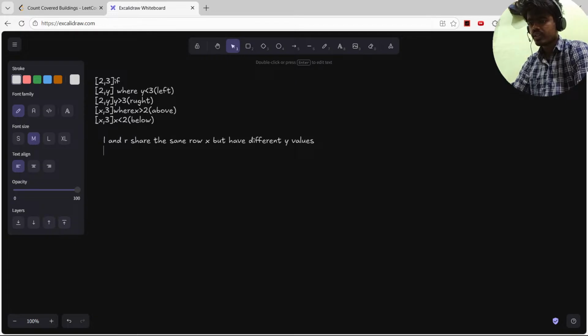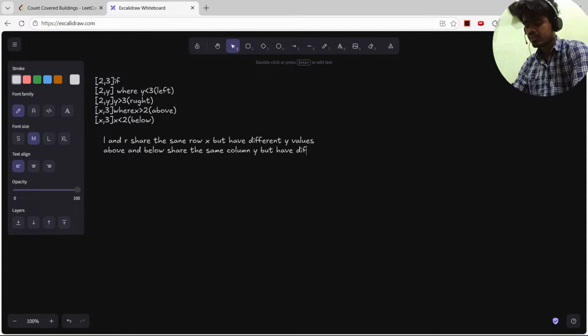And second, buildings above and below share the same column y but have different x values.